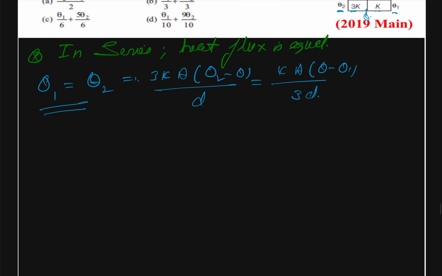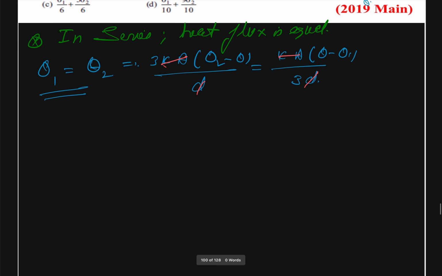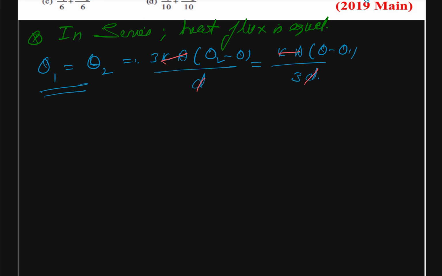So here K, A, D and D cancel out. So we get this as 3 times theta 2 minus 3 times theta is equal to, let me multiply this by 3, theta minus theta 1, which comes as our 9 theta 2 minus 9 times theta.